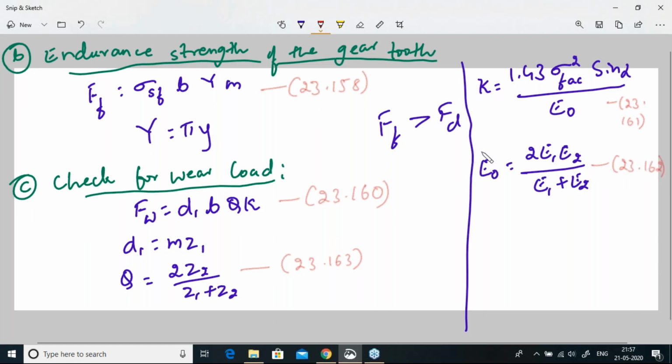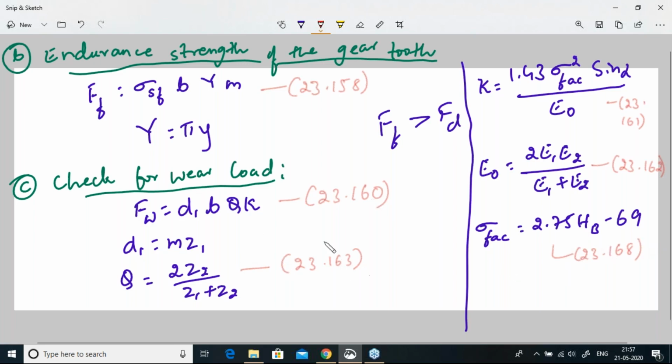So here E1 and E2 are the Young's modulus of pinion and gear respectively, whereas sigma FAC is called as limiting stress for surface fatigue, which can be calculated with the help of equation 2.75 HB minus 69. Equation number 23.168. Here HB is the Brinell hardness number.